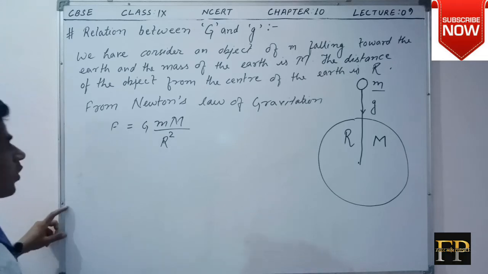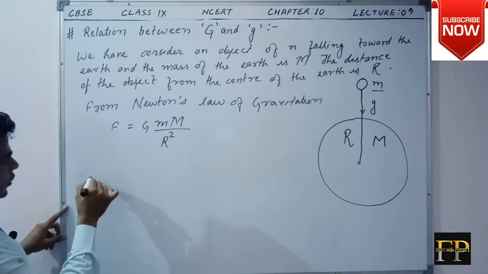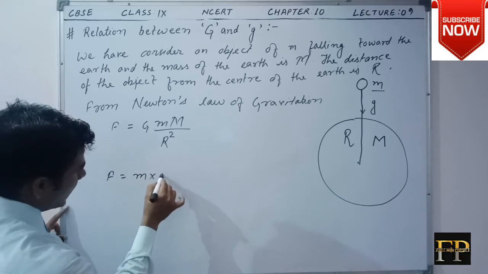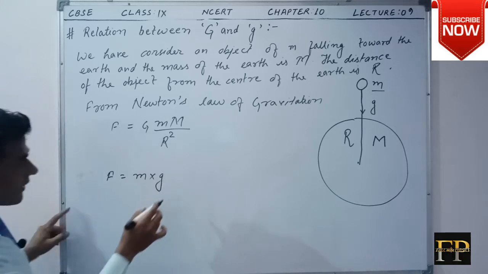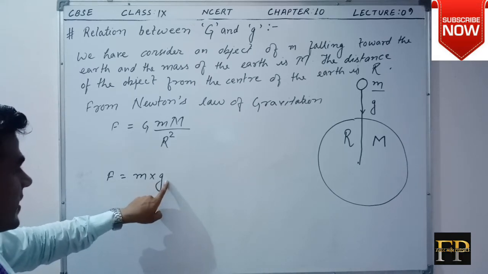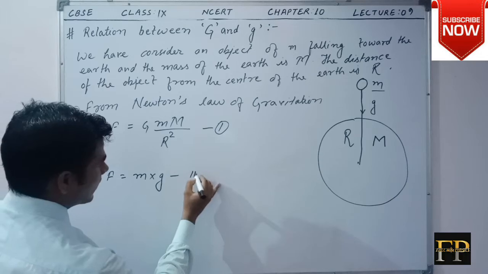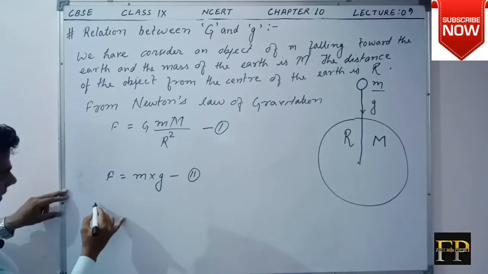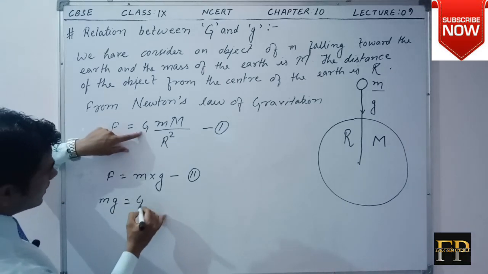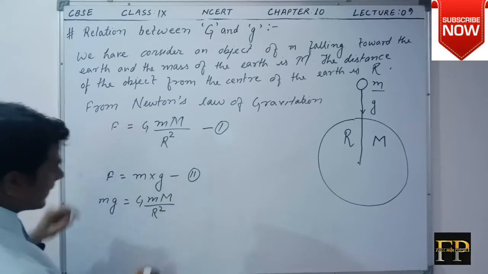So from Newton's second law of motion, we know that force is equal to mass into acceleration, and here the acceleration is acceleration due to gravity, so we write g. Now students, from equation 1 and equation 2 we can write m g is equal to G M m by R square.